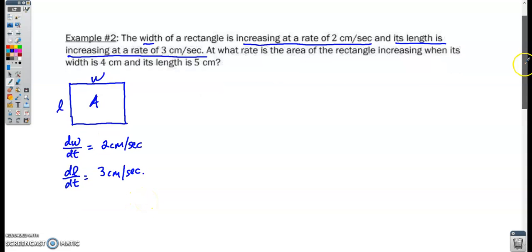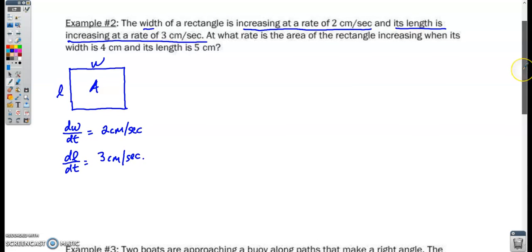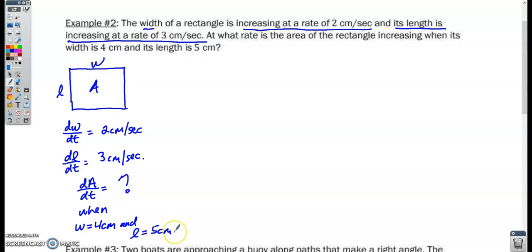At what rate is the area of the rectangle increasing when its width is 4 centimeters and its length is 5 centimeters? So we're looking for the change in the area: dA dt is equal to what when W equals 4 centimeters and L equals 5 centimeters.